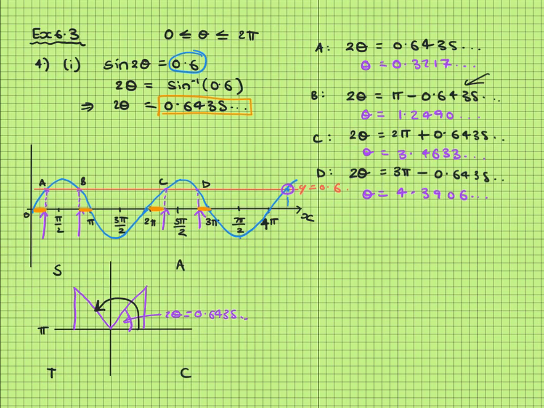To then get any subsequent values, we've then got to do a full cycle up to 2 pi, and then we've got to go back round to this value here, which is why we then have 2 pi plus 0.6435. Then to finish off, the last answer will take us all the way back round to here, and at that point we've reached 3 pi here, which is why this blue angle is 3 pi minus 0.6435.